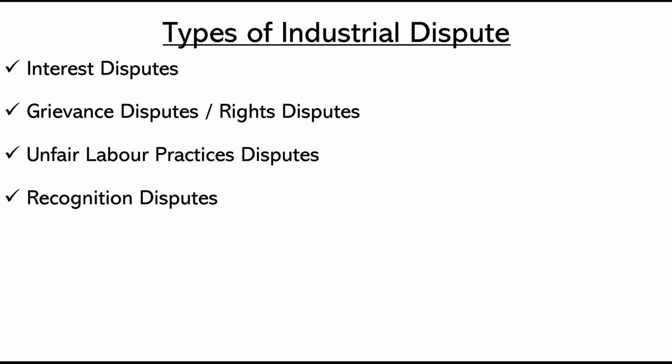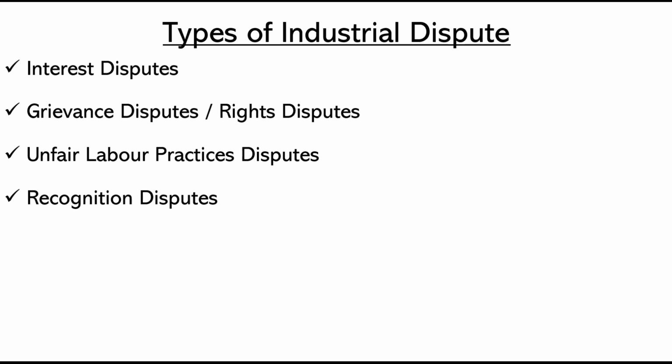Okay. So first one is interest dispute. Now this dispute is otherwise known as economic dispute. And why? Because this kind of dispute, okay, dispute means basically conflict, happens because the employees or the workers want to improve the wages, their benefits, and to ensure that they have job security, or if they want to improve the job or working conditions, the terms of employment.